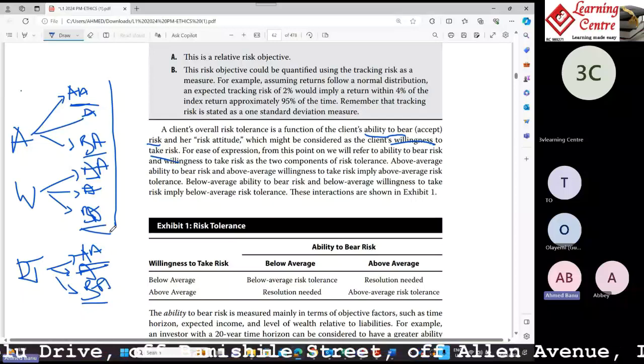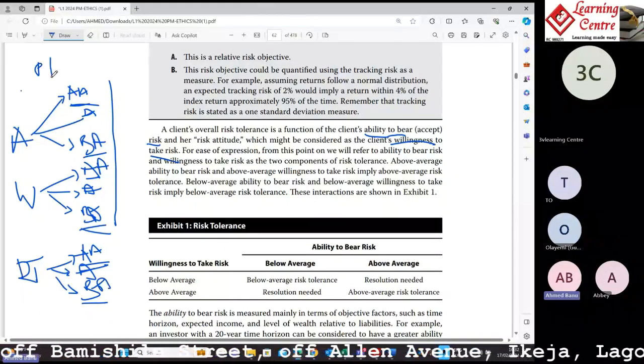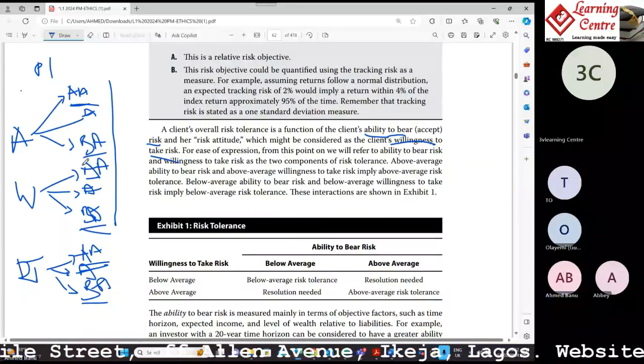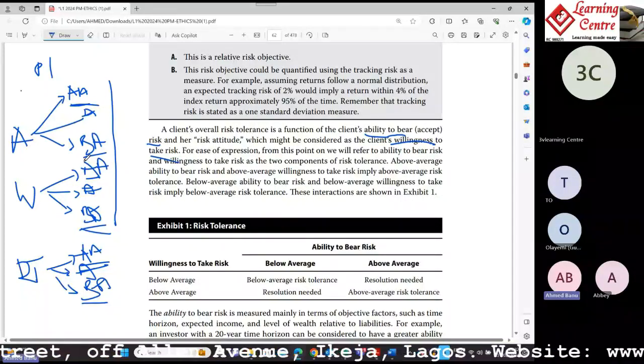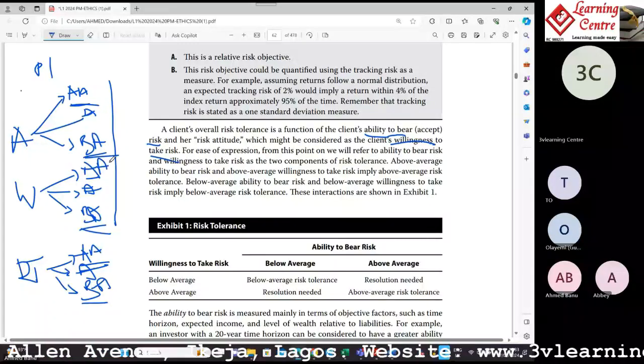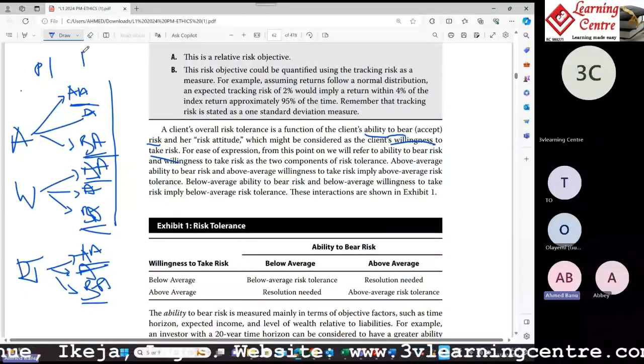Then there's a big problem. We'll call that problem number one. The second conundrum is you don't have all the resources to take risk, meaning you have a below average ability, but your willingness to take risk is off the roof. Problem number two.